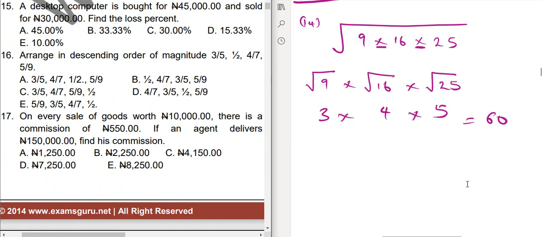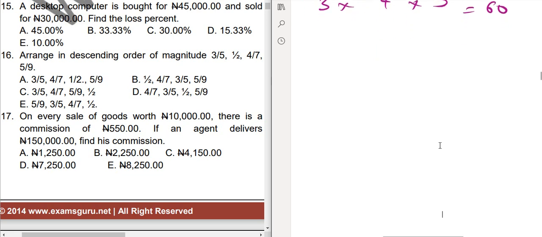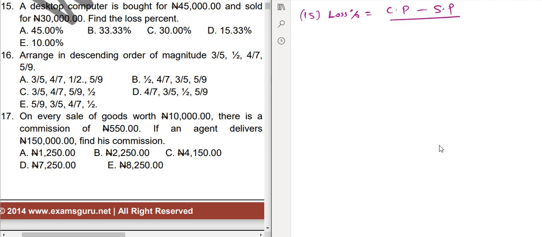Number 15. A computer is bought for 45,000 naira and sold for 30,000 naira. Find the loss percent. What's the formula for loss percent? Loss percent equals cost price minus selling price over cost price times 100.